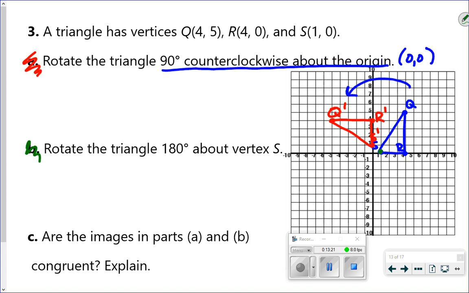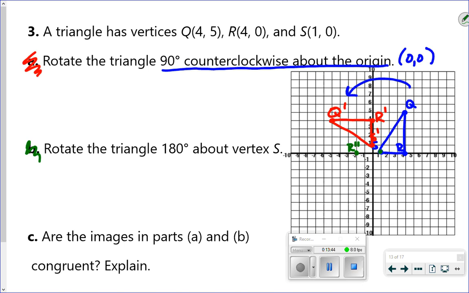So R is 1, 2, 3 units to the right of S. If I flip it 180 degrees, it's going to be the exact opposite. So instead of 3 to the right, now it's going to be 3 to the left. 1, 2, 3 puts us right here at -2, 0. That's going to be my second copy of R. Then from R to Q, it looks like I go up 5 spaces.